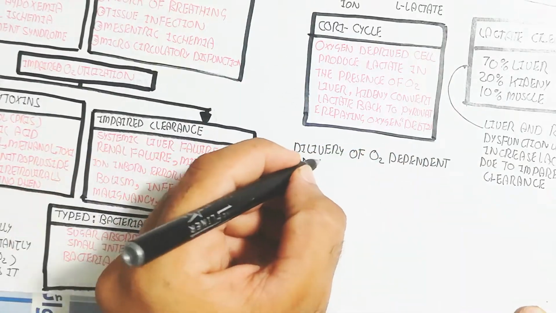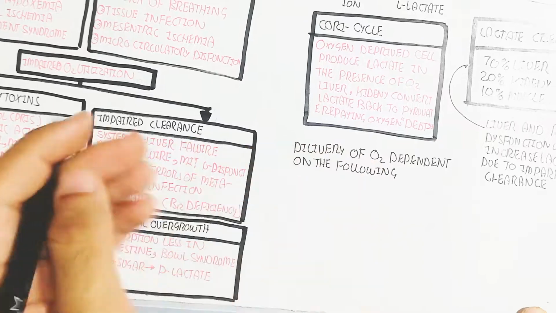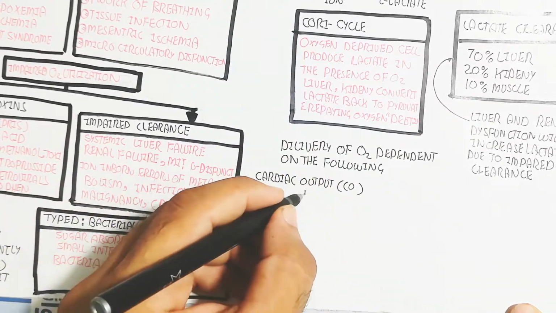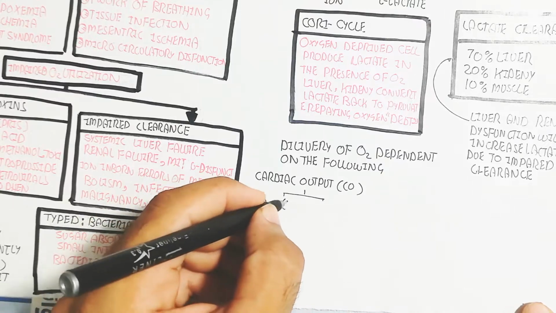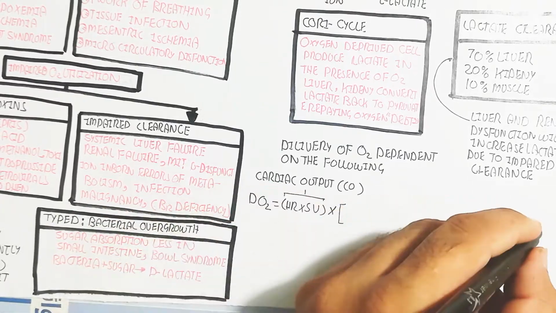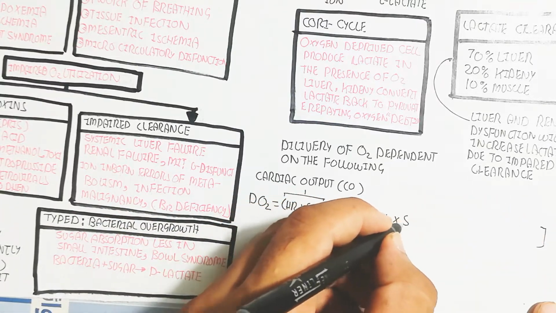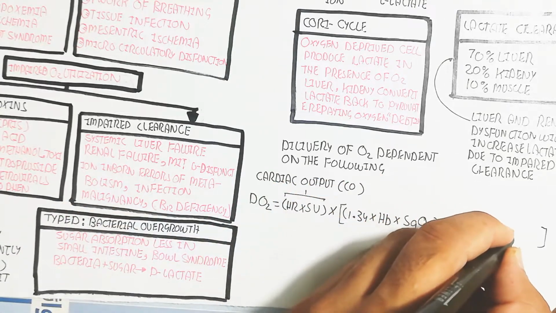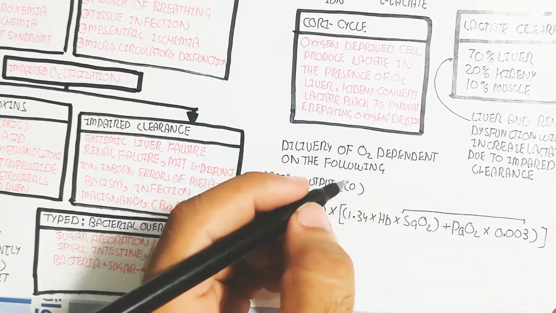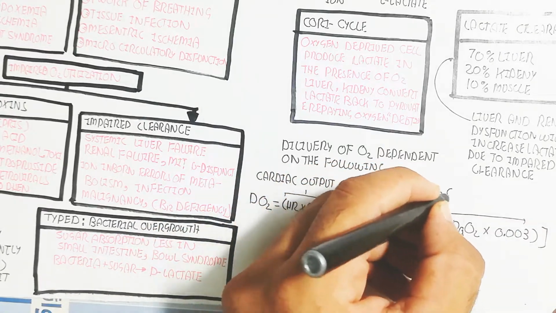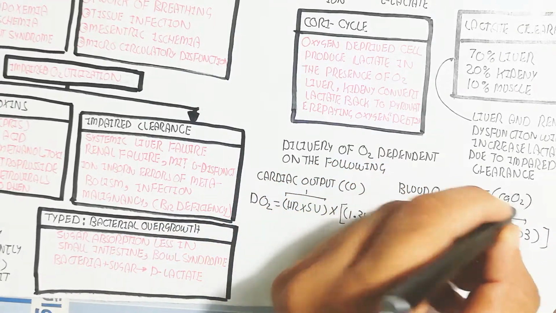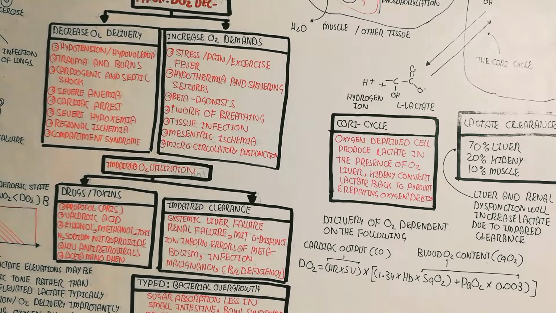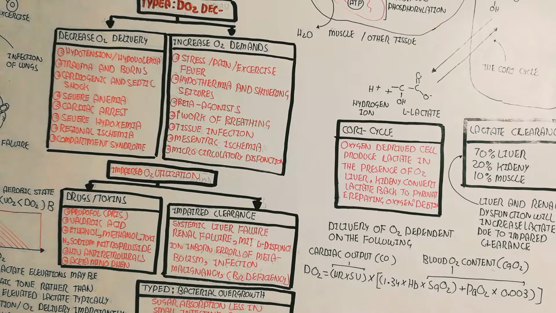So in this way, the delivery of oxygen is dependent on the following: the cardiac output. So the delivery of oxygen is equal to cardiac output, which is heart rate times stroke volume, multiplied by the blood oxygen content, which is 1.34 times hemoglobin times the saturation of oxygen, plus the partial pressure of oxygen times 0.003.